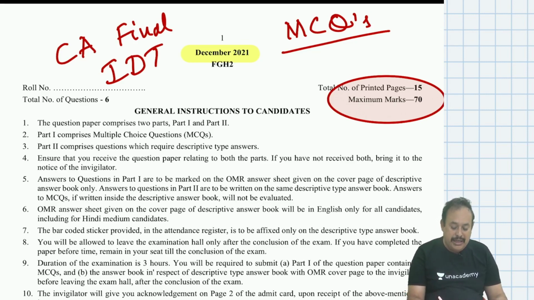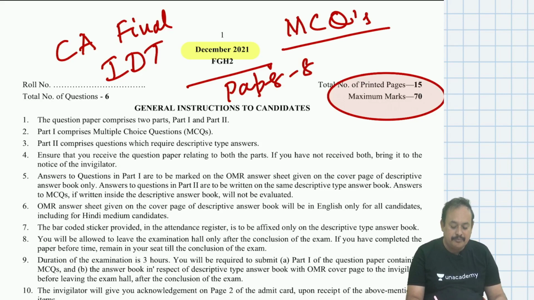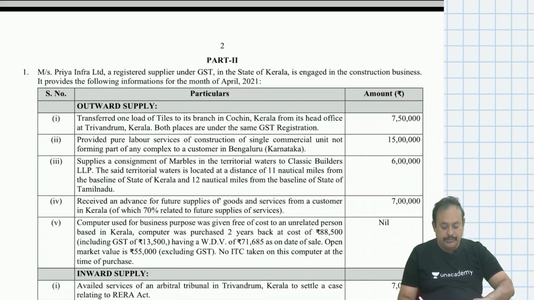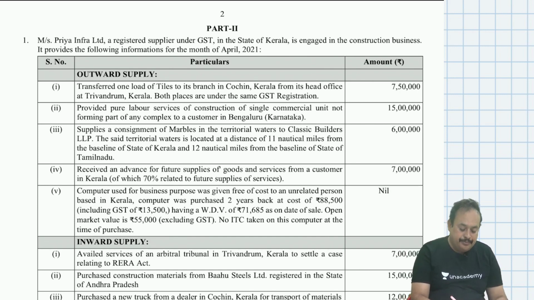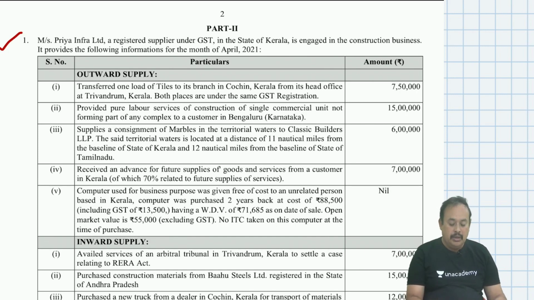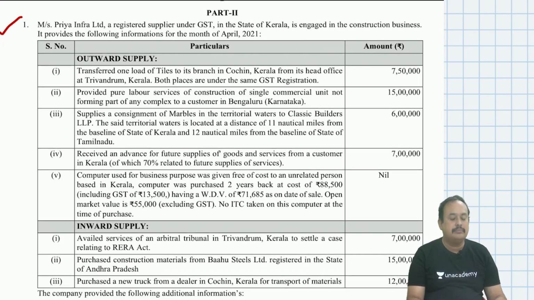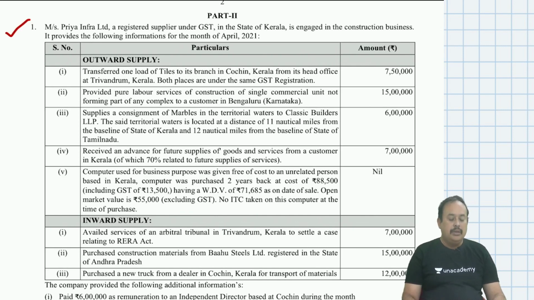December 2021 CA Final Indirect Tax Laws paper number 8 is as follows. Question number 1, reading as follows.